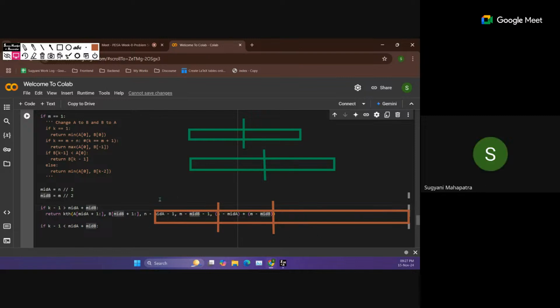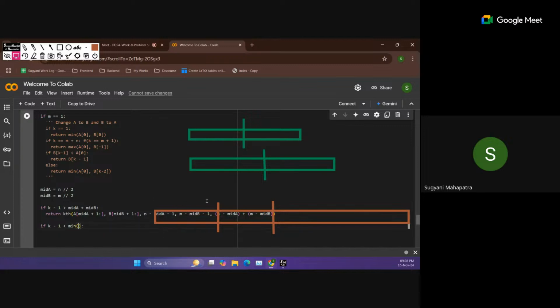Now I want to look into this part. So what is this part? What will be the mid of B index minus mid of A? Absolute value of that, right? Mid of B minus mid of A. If this is mid of B and this is mid of A, then we will be taking mid of B minus mid of A. This will be the minimum of both, right?